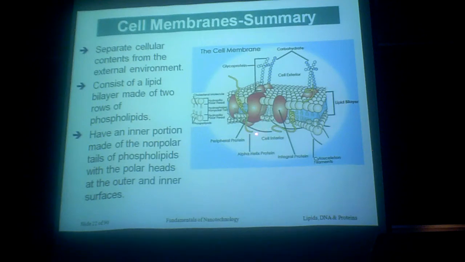Very important. Also, there is a lot of receptor-mediated transport initiated by the carbohydrates on the surface of the cell membrane. They are responsible for a lot of the docking of receptor-mediated processes.